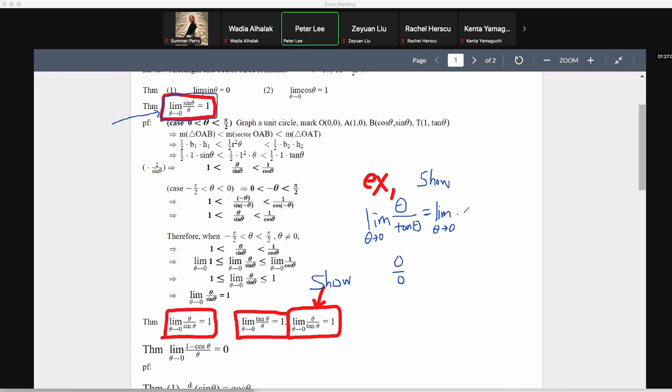So now here is going to be sine theta over theta, and then what is this? How about if I just write cosine theta here.